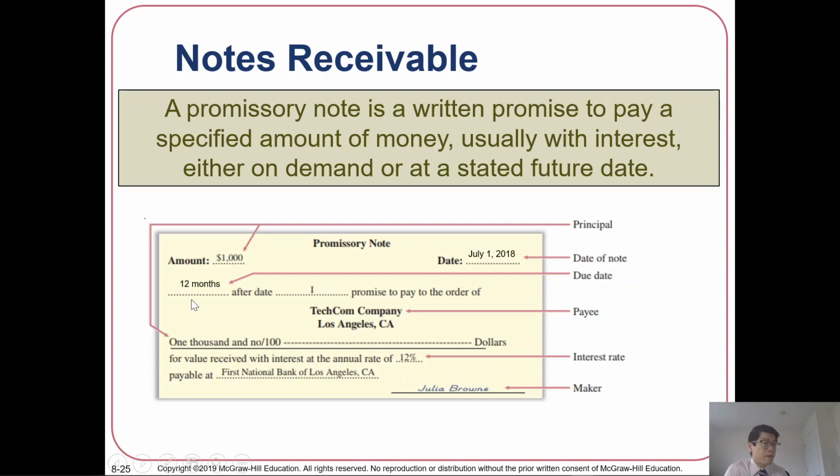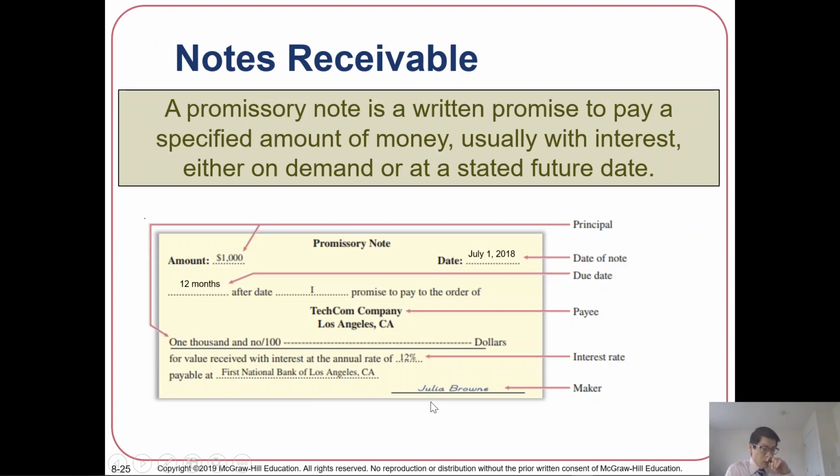It's indicated here also on the note. After date, "I promise to pay to the order of" — this is the payee — $1,000 for value received with interest at an annual rate of 12%. That is the interest rate, payable at the financial institution. Who made this? Julia.